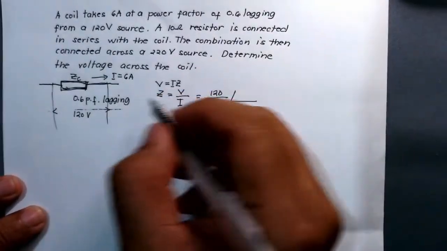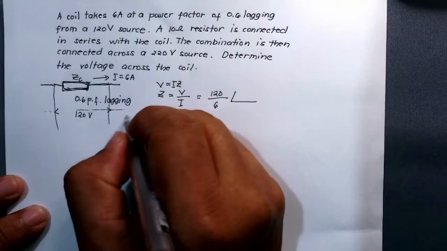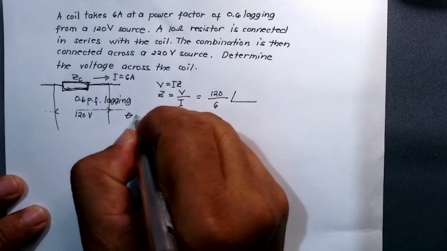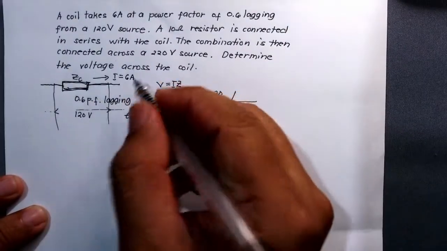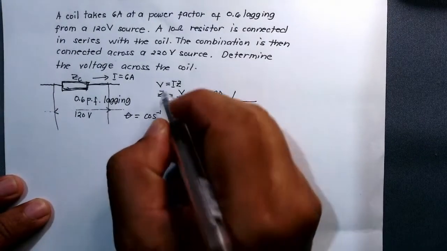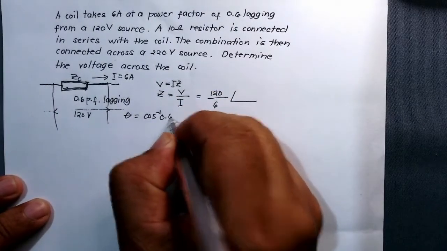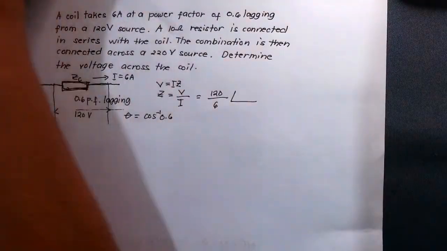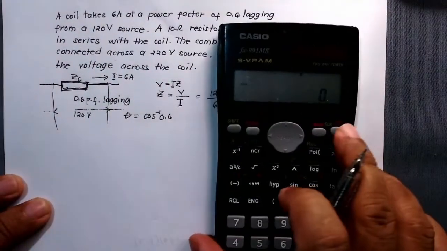So we are to get the angle of the 0.6 power factor, that is the inverse cosine of 0.6. Okay, we have our calculator here.